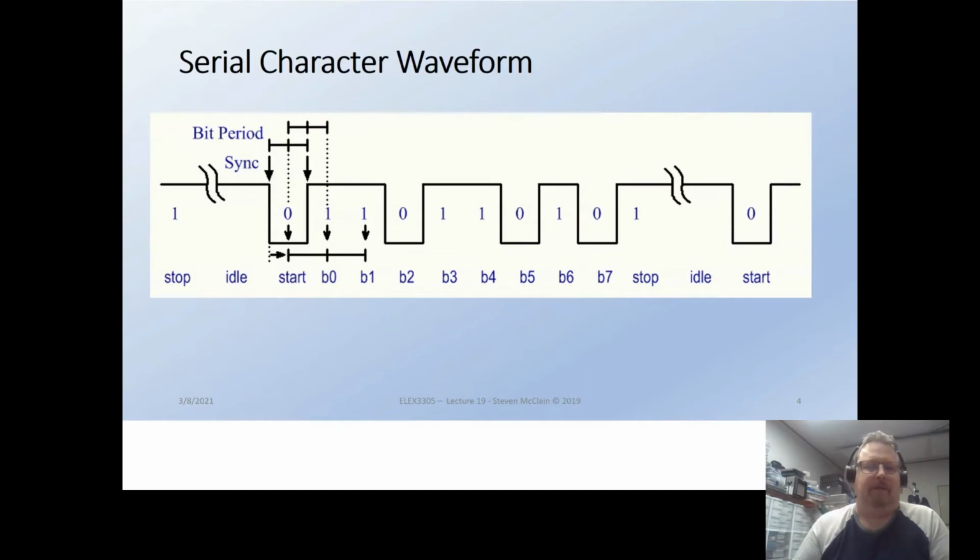Okay, so how do we do the synchronization? What's the trick? Well, basically the trick is to take that synchronization edge, that first falling edge, and say, okay, that's the beginning of our start bit. We already know how long a start bit is because we've agreed on the baud rate.